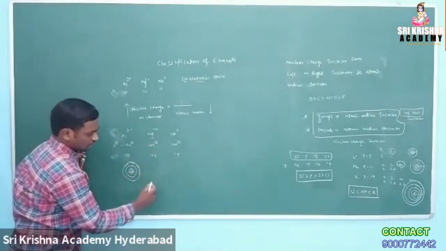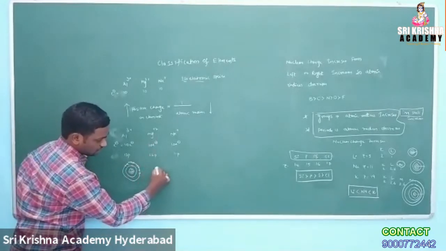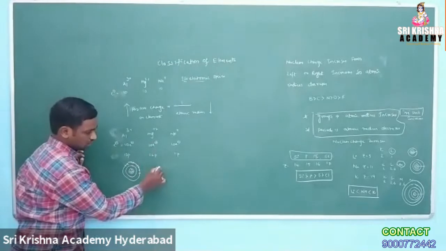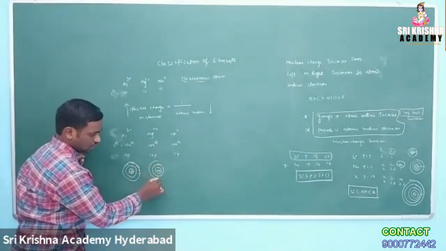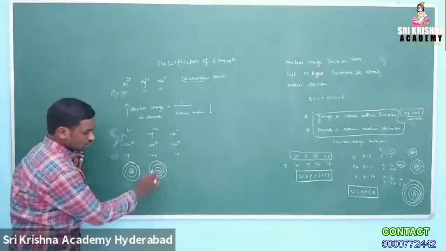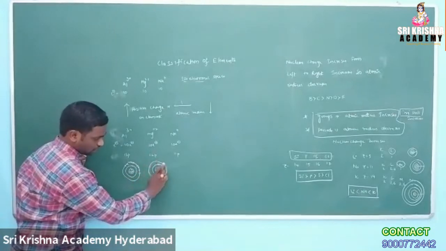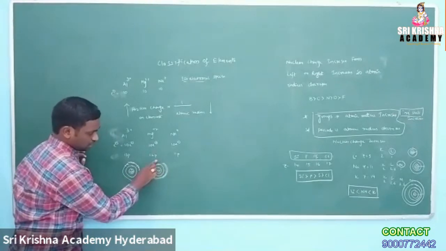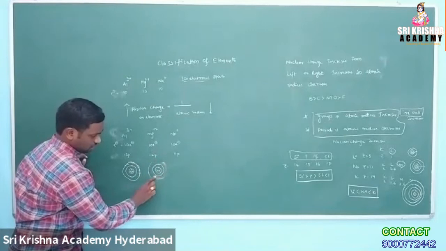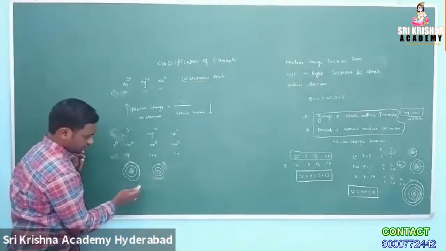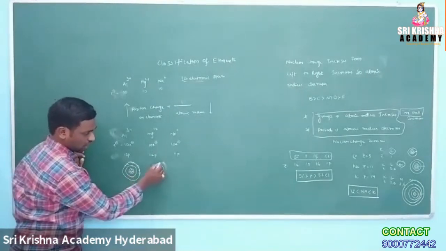In the magnesium case, 12 protons are inside the nucleus. Same, this is the K shell with 2 electrons. Compared to this one, write small size. Why? Because this is the small size and this is the larger size.